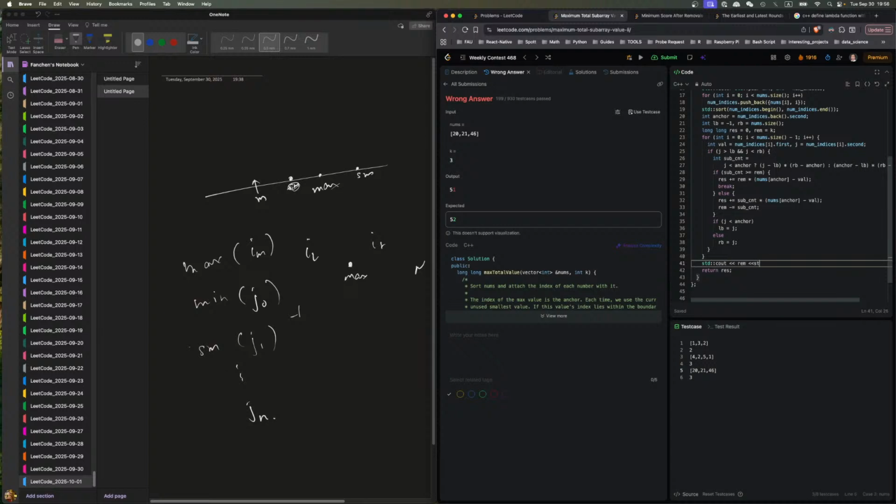I think they're still remaining. That's why my answer is 51 instead of 52. There we go. Basically, oh lord, we have to rerun and have a new anchor. And we cannot cross the previous anchor. Damn. Okay.